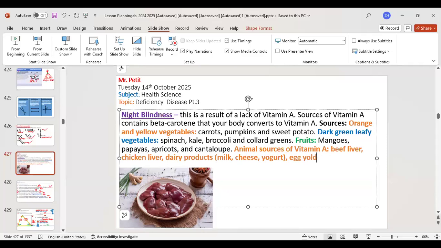Let's be very specific: egg yolk. And fish. So tuna. Actually, fatty fish, I think it was. Yeah, fatty fish, and salmon and mackerel.